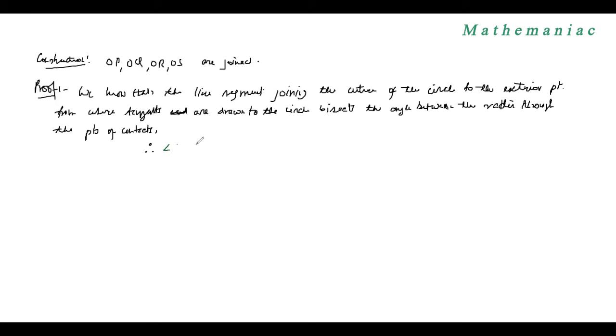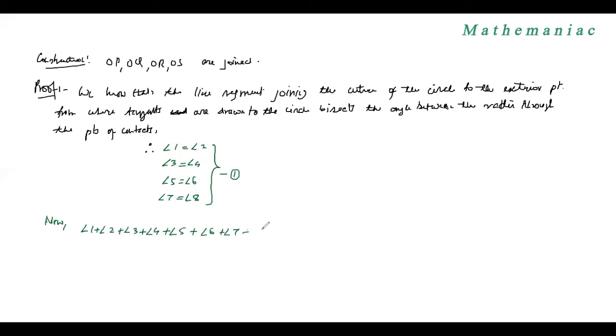Already we have done: angle 1 will be equal to 2, angle 3 will be equal to 4, angle 5 will be equal to 6, angle 7 will be equal to angle 8. So all these will be marked as equation 1, right? All this will be marked as equation 1. So I can write now angle 1 plus angle 2 plus angle 3 plus angle 4, a big sequence we are writing.